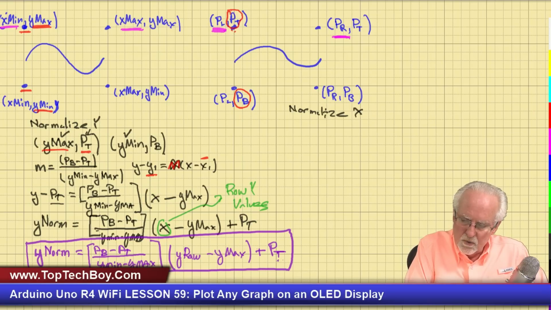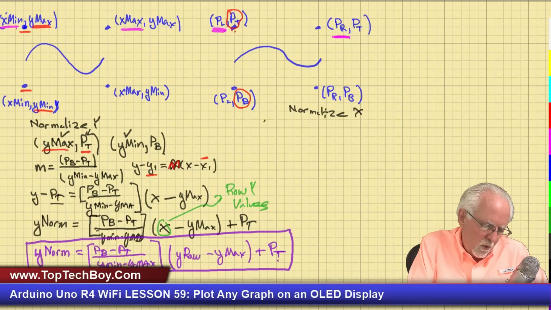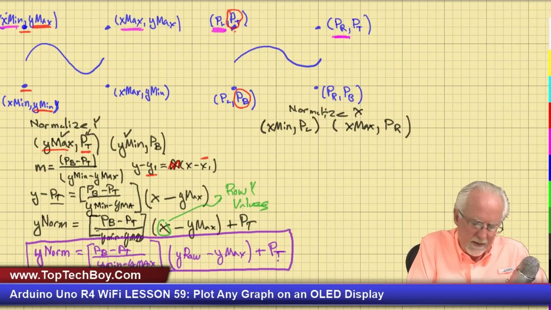Okay, so now what points do I have? Well, my X min, that's going to go to what? The left pixel. And then what do I have? My X max is going to go to which pixel? My right pixel. Okay, now I have 2 points.